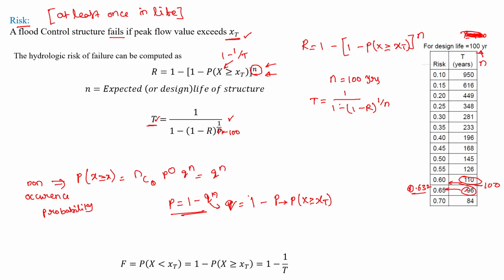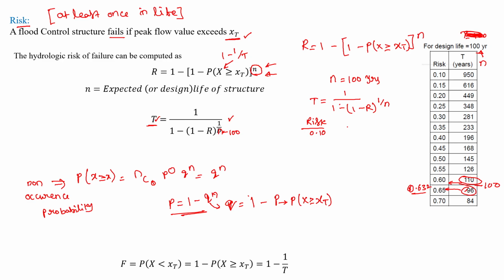Now let's say I have a risk, the risk I'm willing to take. Let's say I make it 0.10 and I calculate the return period. When the risk is low, the expected recurrence interval, meaning the time elapsed between occurrence of two events, is large.